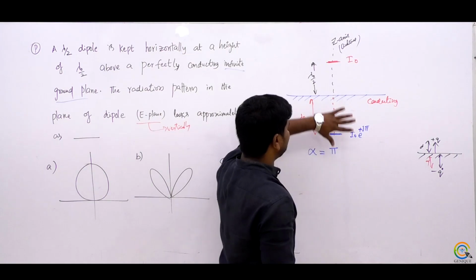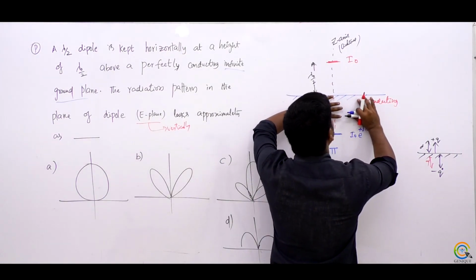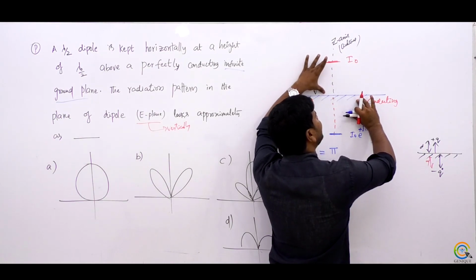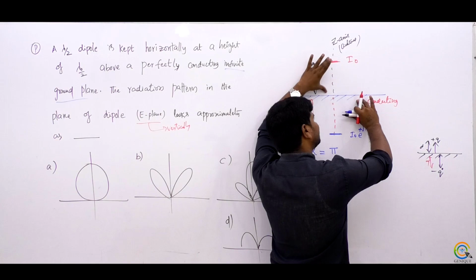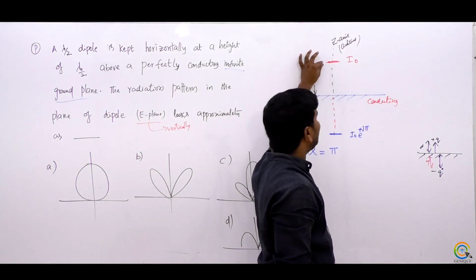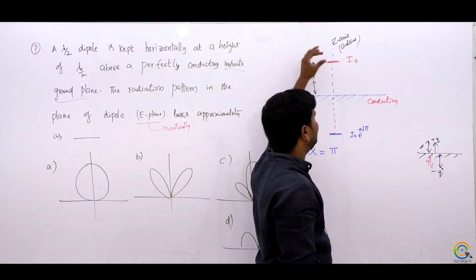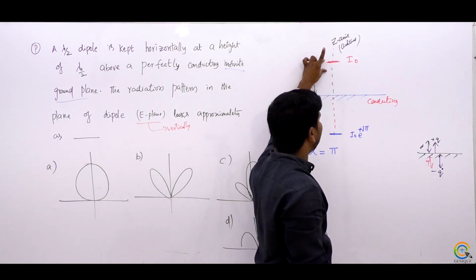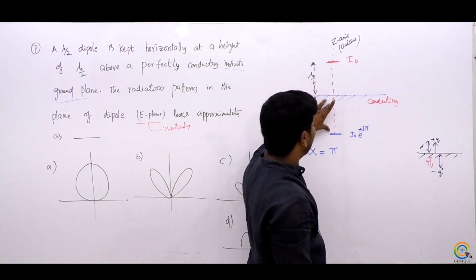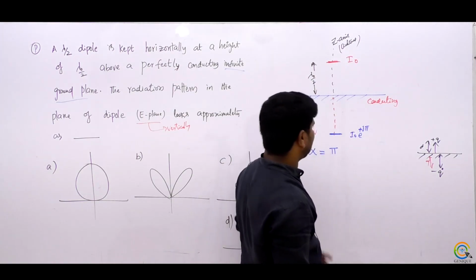So this is the arrangement we made. Because of this antenna placed near the conducting surface, an image current element will be produced at the same distance.